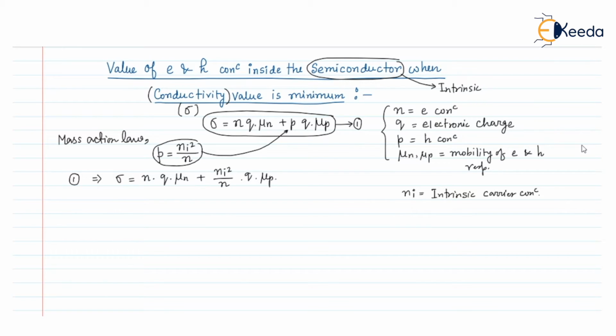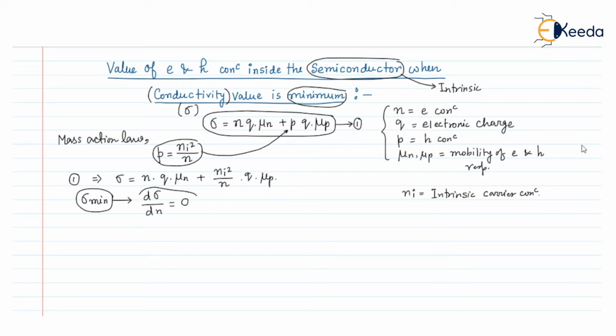Now we have to find the condition when the conductivity value is minimum. So we know from the maxima minima rule, the conductivity will have a minimum value at the condition when d sigma by dn, that is the first derivative of sigma with respect to the electron concentration, is equal to 0.